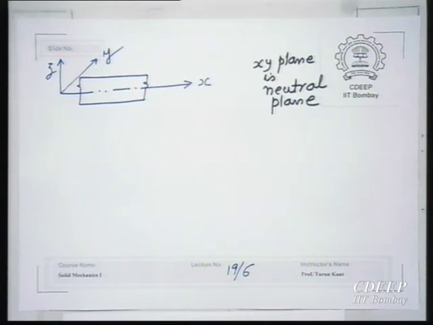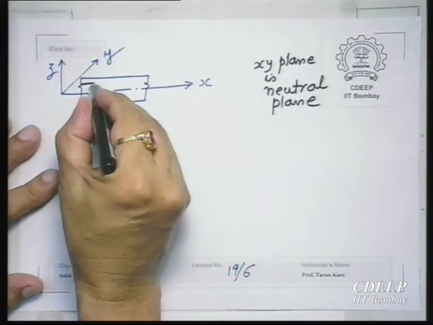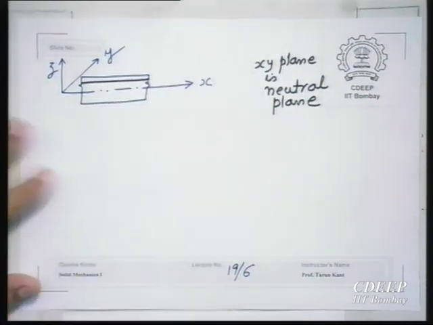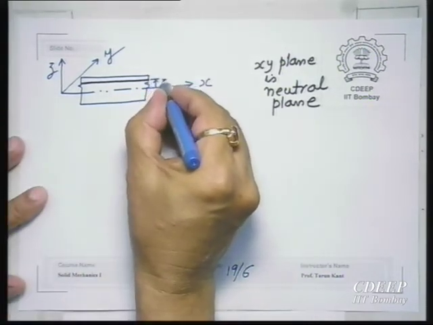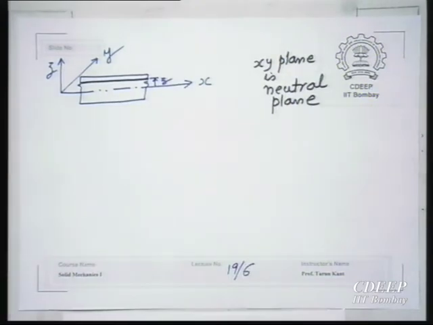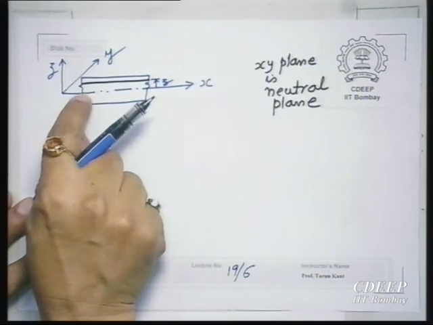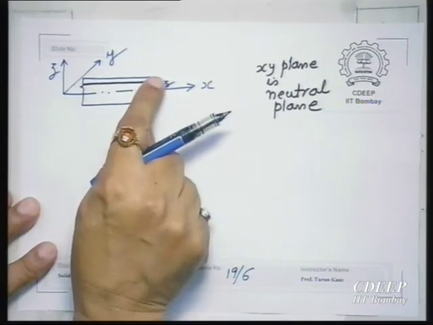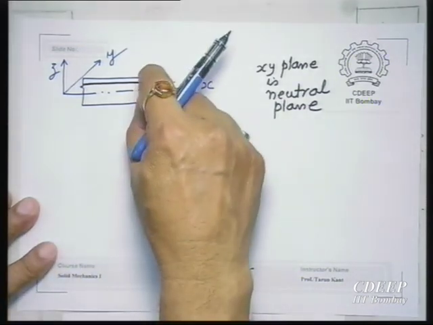Now let me consider a fiber at a distance z from the neutral axis, because any point has coordinate z. z goes up to a maximum of half of the depth.